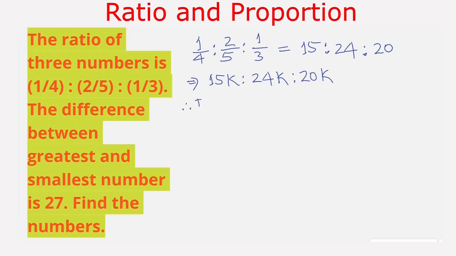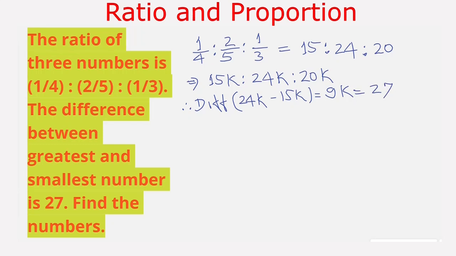Therefore, difference between the greatest number and the smallest number, which is 24K minus 15K. These are the greatest and smallest number, equal to 9K, and this is given to us is equal to 27.